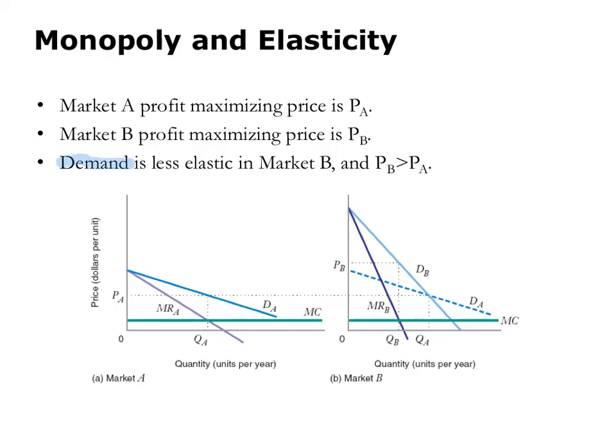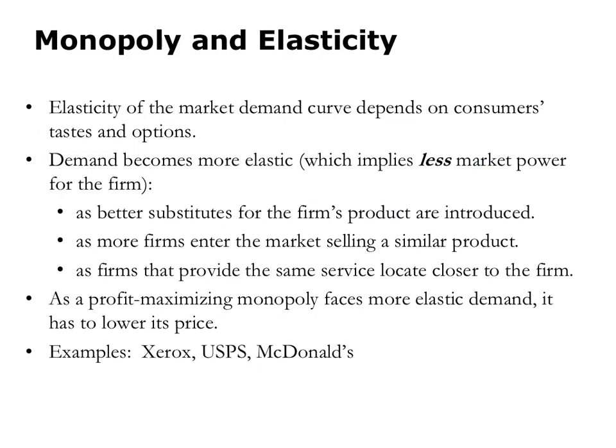In other words, because demand is less elastic in market B, the price in market B is greater than the price in market A. To make intuitive sense of this, remember that elasticity of demand depends on consumers' tastes and options. Demand becomes more elastic as, for example, better substitutes for the firm's product are introduced, or as more firms enter the market selling a similar product, or as firms that provide the same service locate closer to the firm.